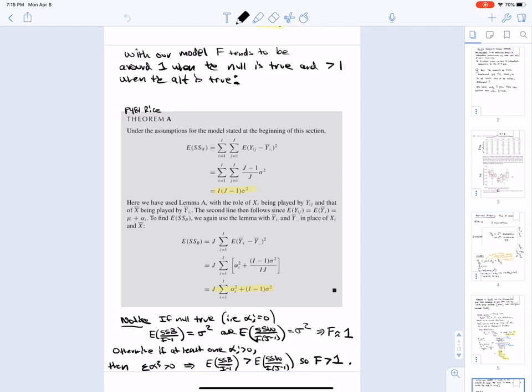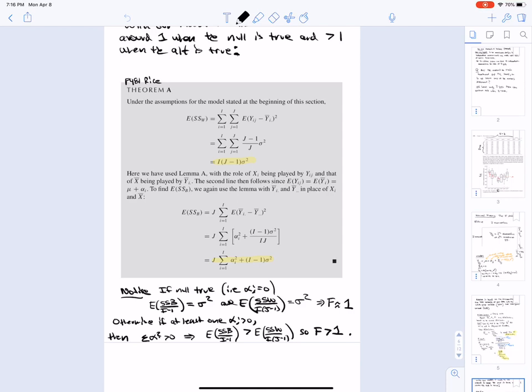Now, if the null is true, that means that all the alpha i's are 0. So in that case, the average SSB over I minus 1 is sigma squared, and the average SSW over I times j minus 1 is sigma squared. So F will be approximately 1.